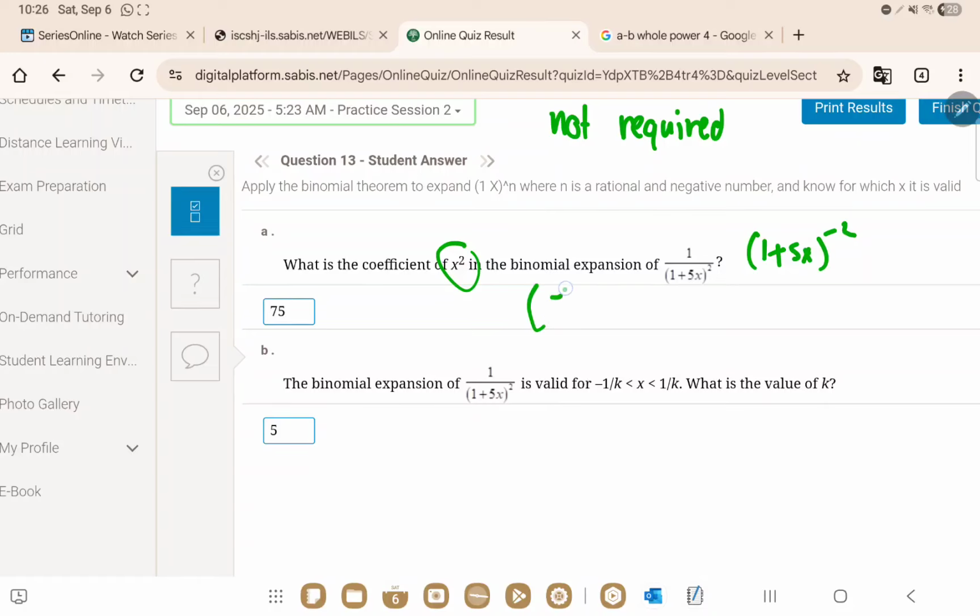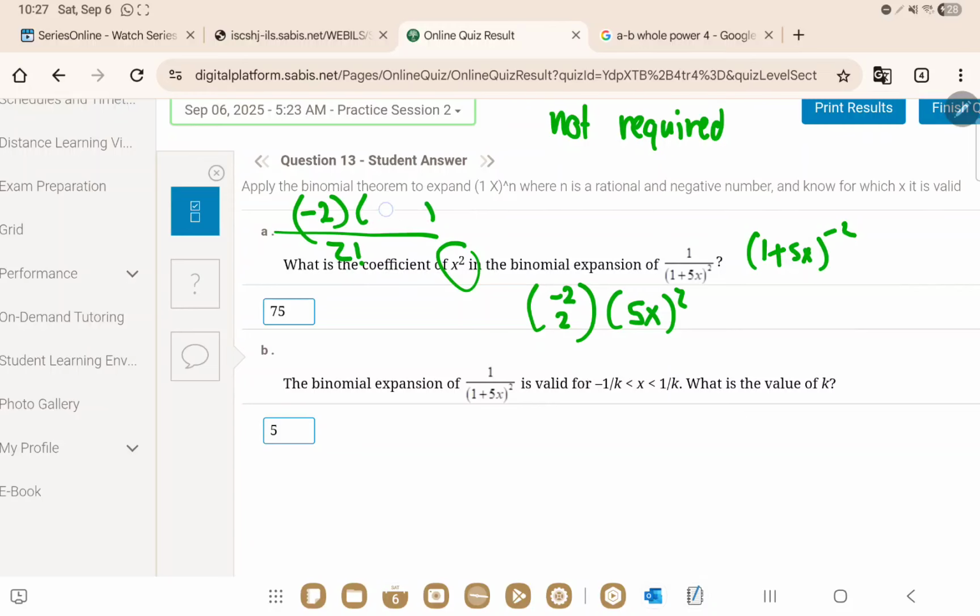So now, it's negative 2c2 into 5x power 2. So negative 2c2, we do it negative 2. And we only have 2 as a value at the bottom factorial, so it's 2 factorial. So it's negative 2 minus 1. Sorry.